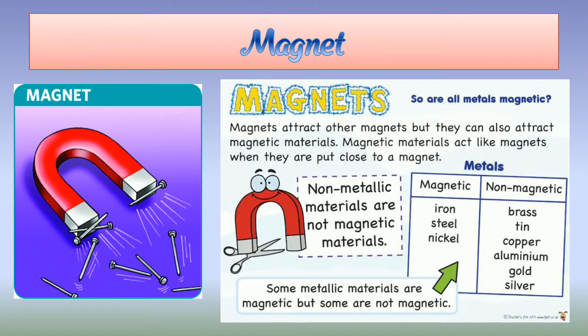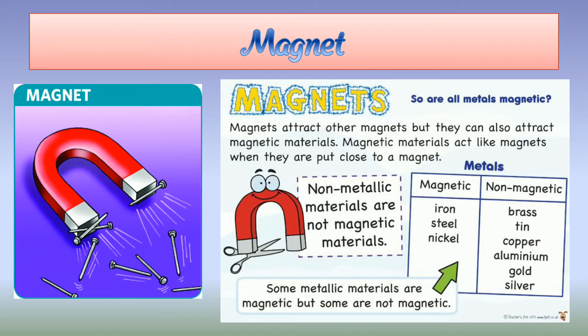Magnetic materials are iron, steel, and nickel, and non-magnetic materials are brass, tin, copper, aluminium, gold, and silver. So these all are non-magnetic materials.